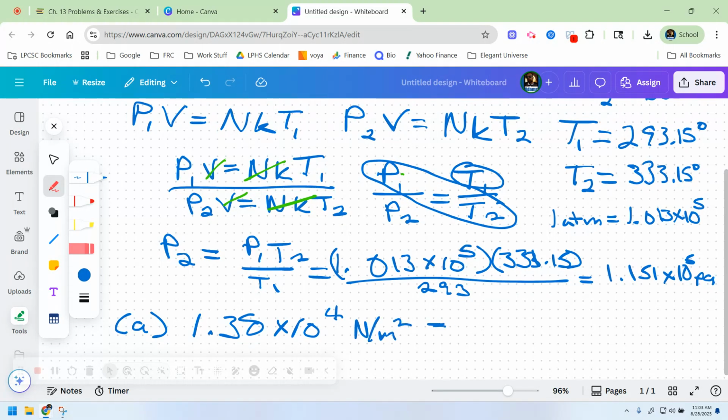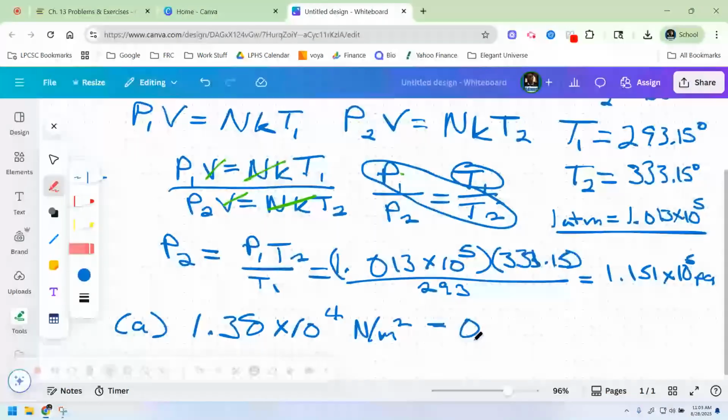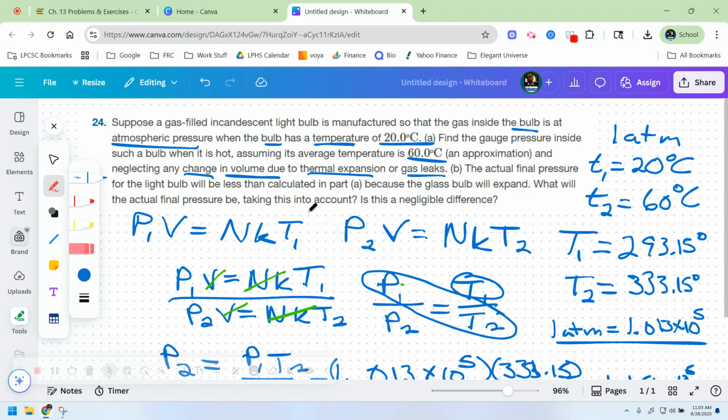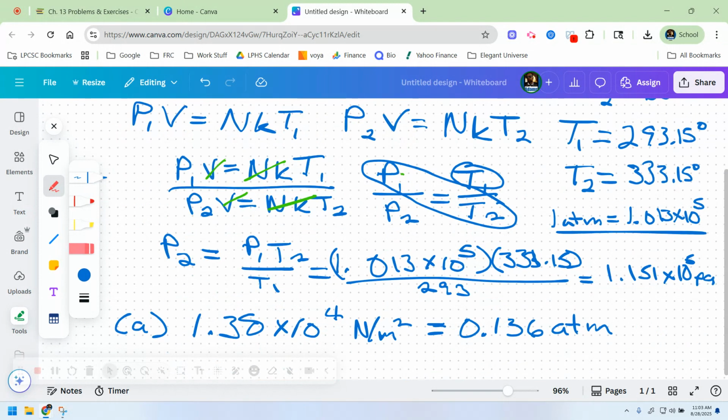That's going to be equal to, using this conversion ratio, 0.136 atmospheres. And so that's really all we needed to do for that.